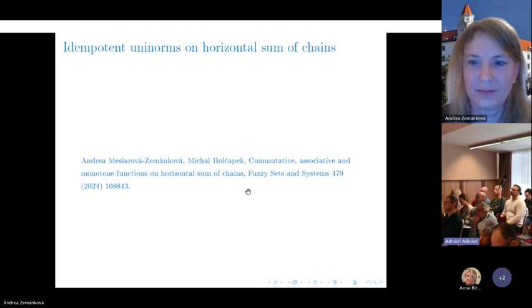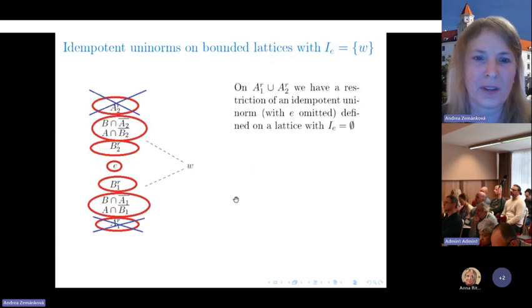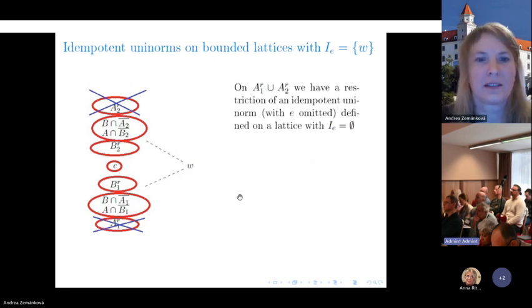The rest will be the same, like in your presentation. But we add to the lattice L a non-comparable element with neutral elements. So if we choose only these two elements, we add the next element, which is non-comparable with this neutral element, but the rest will be the same. We have the same connection between these two.